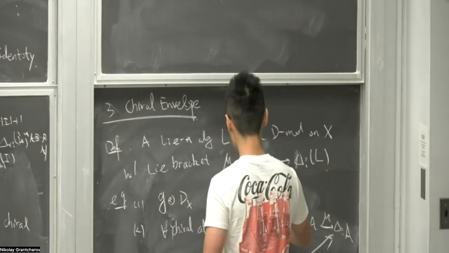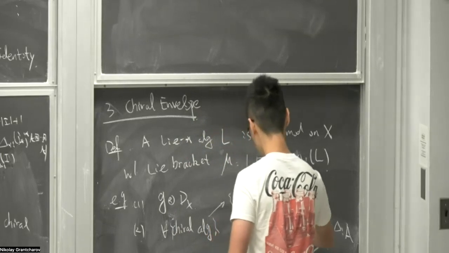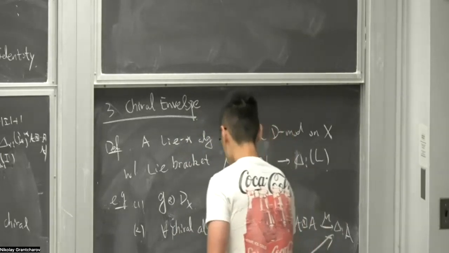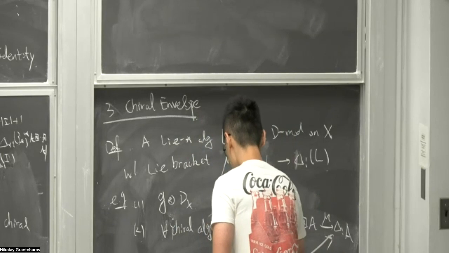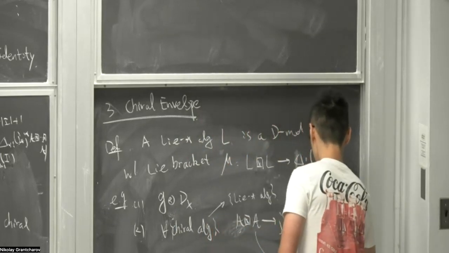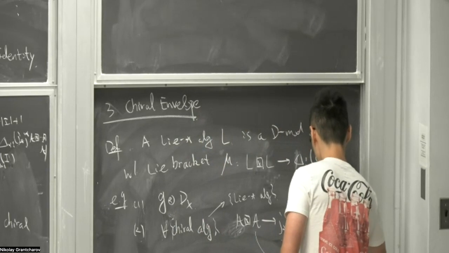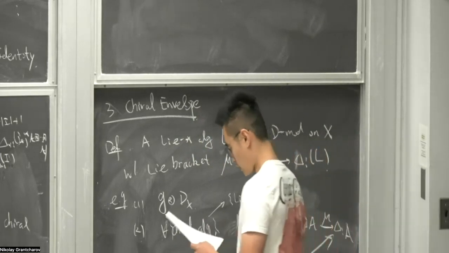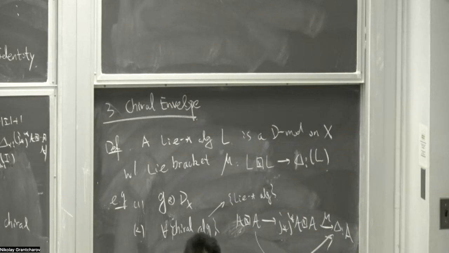Right, and the other way. As L goes to A of L. So A is our usual notation for chiral algebra.